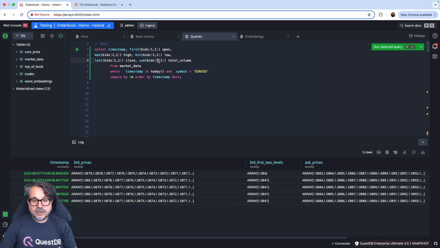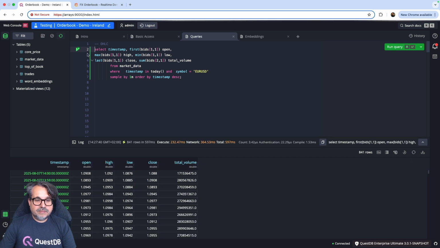I'm accessing now the second position, so the volume at the top level on this table. I'm doing this at 1 minute intervals. So this basically is giving me the OHLC taking into consideration only the first level of the array, which very often is what you want to get. You want to get the best price. You could play with positions, with aggregations, finding averages, whatever you need.